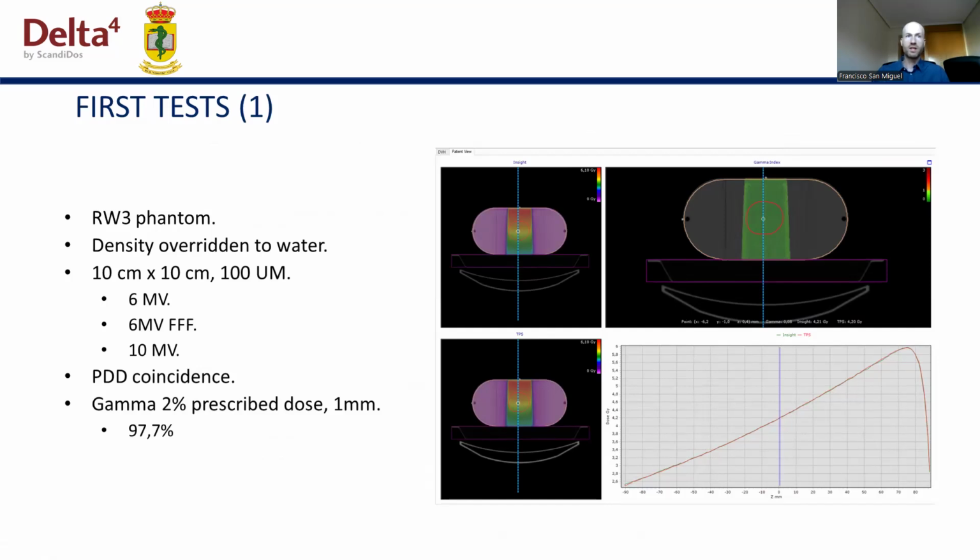Once all the calculation and analysis parameters were configured, we performed several validation tests before starting with actual patient treatments.